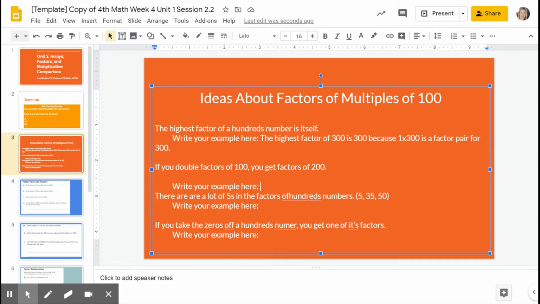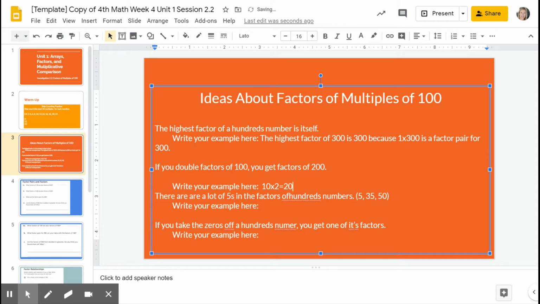So let's think of doubling the factors of 100. You get the factors of 200. Let's just pick a factor of 100. One factor of 100 is 10, because I know I can multiply 10 times 10 and get 100. If I double that, I'll get 20.